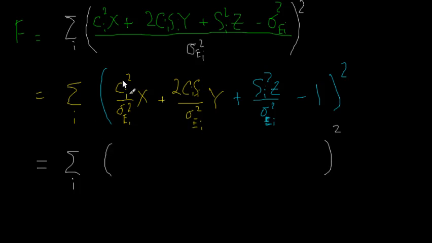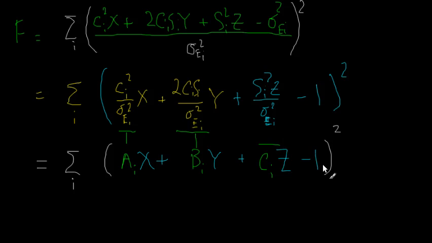I'm going to call this one A, and I'm going to call this one, I need a subscript i since this changes for different quad strength, Bi, and I'm going to call that one Ci. Okay, and then I'll just copy over the x, copy over the y, and copy over the z, and minus 1. So that's what it looks like.